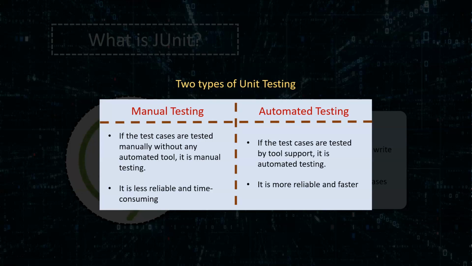In the case of manual testing, it's quite less reliable because you are dependent on a particular tester who performs the testing according to his efforts, and it's quite time consuming also because you can only run the test cases for probably 8 to 9 hours per day.